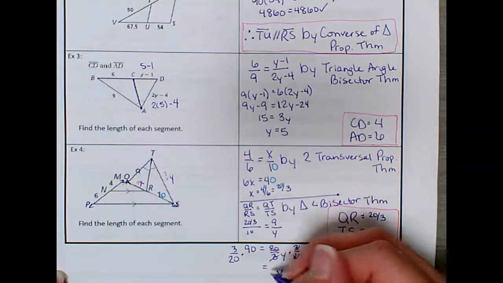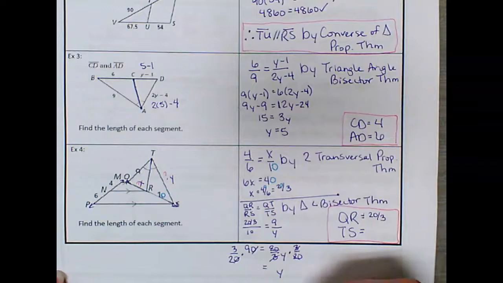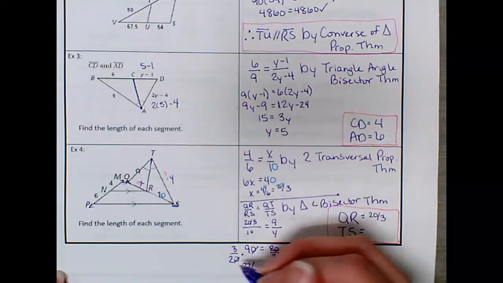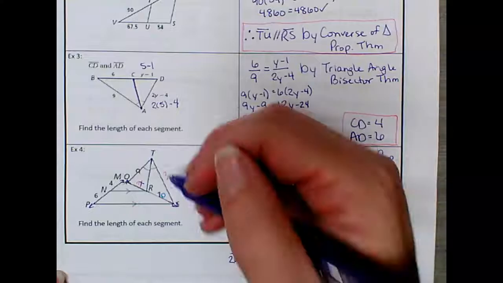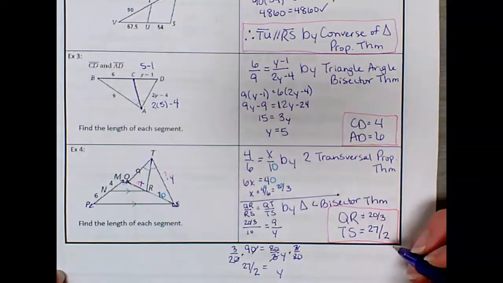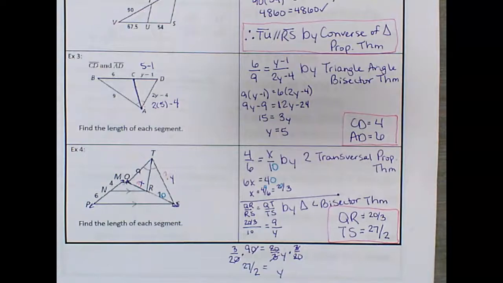So we have Y equals 3 times 9 is 27 over 2. And that's my distance from T to S, 27 over 2. So in summary, we can use proportionality and these 4 theorems to solve some complex problems when our figures look a particular way.